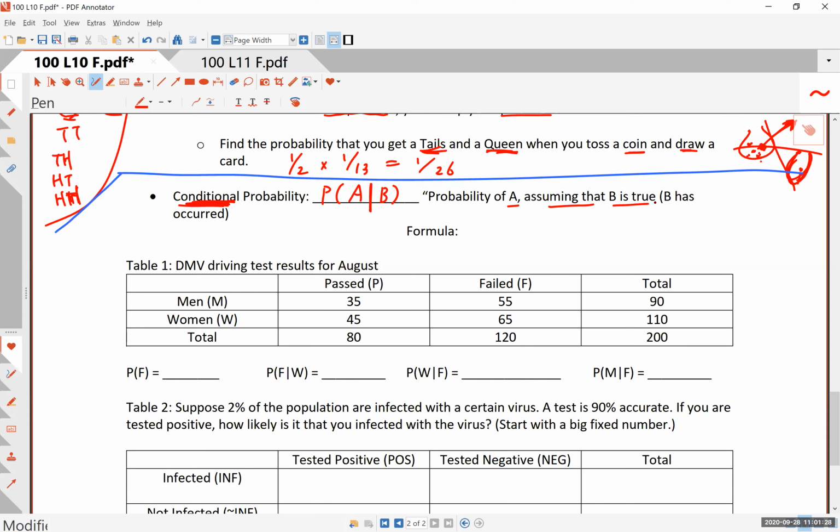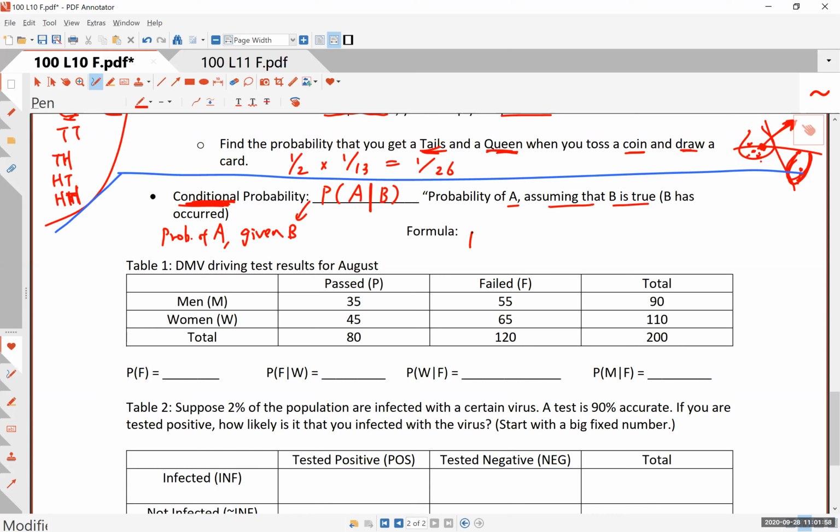We read this as probability of A given B. So here, we are assuming that B has happened or B is certain to happen. And given that B will happen or B is assumed, what is the probability that A also happens? Okay, so it is the probability of A given B. In other words, probability of A assuming that B is definitely true or B has occurred.